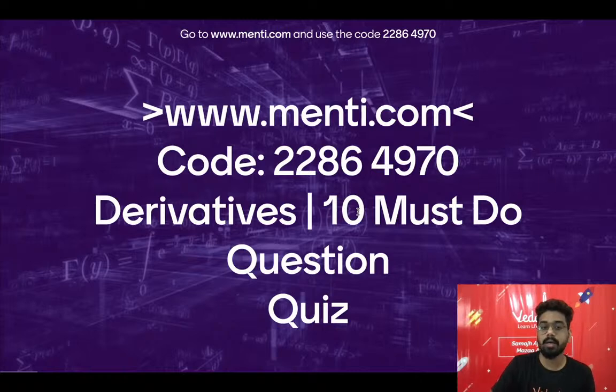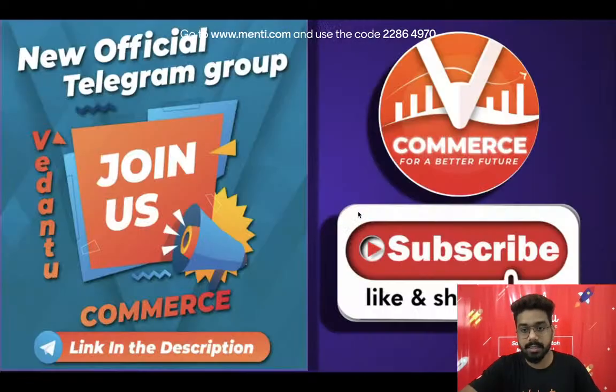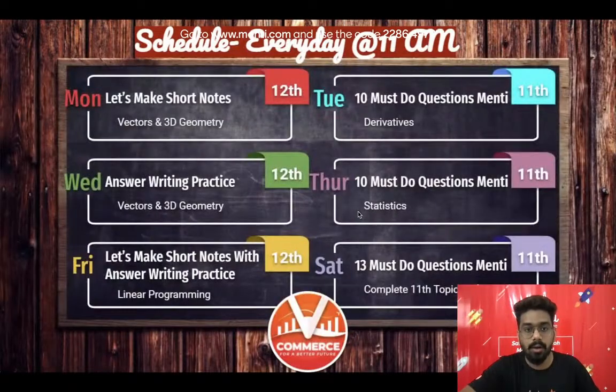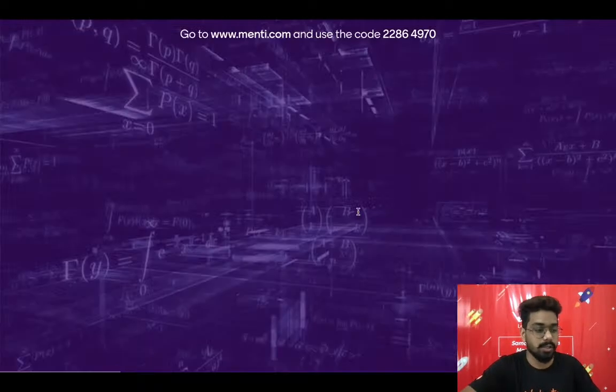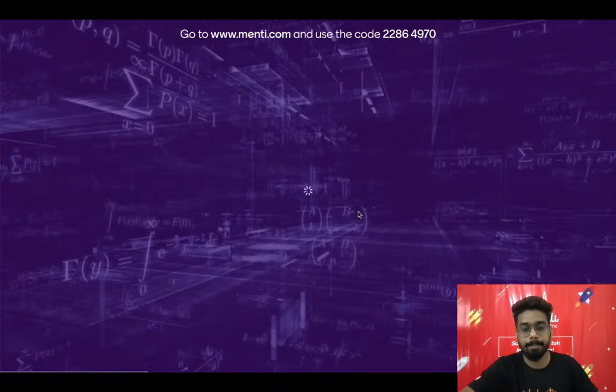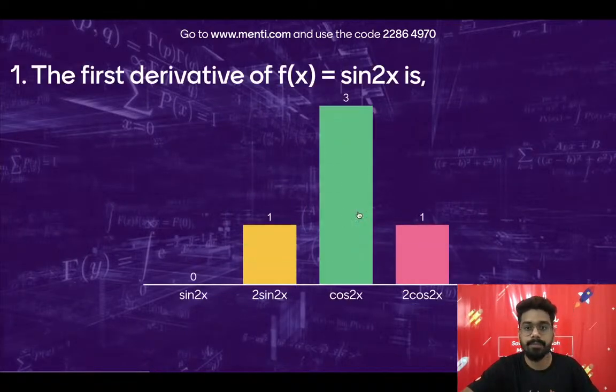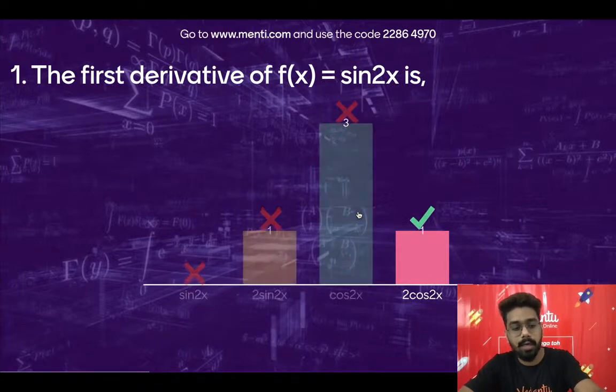You just have to write down www.menti.com, and then you will enter the code 22864970, and we will then start this quiz of statistics. So let's go for it. It's 2286. Okay, I'm sorry, just give me a minute.